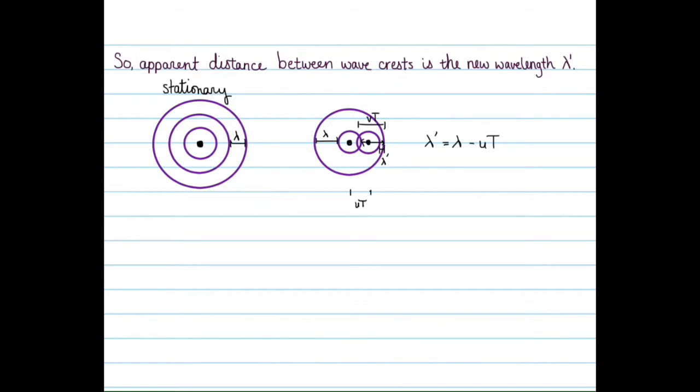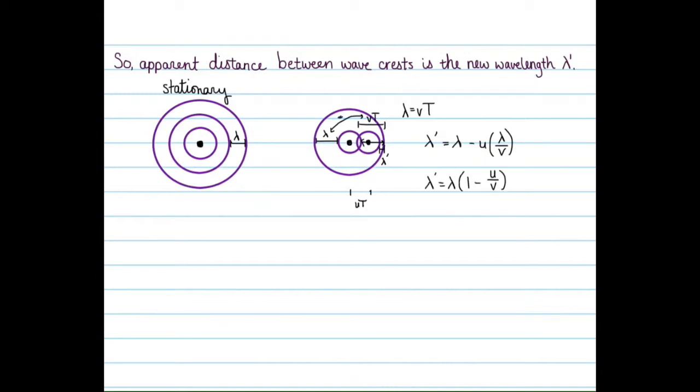So from inspection of this diagram, you can see that lambda prime is just going to be the difference in lambda minus the distance that the source has moved. We know lambda is equal to vt, so we can solve for t and get lambda over v.